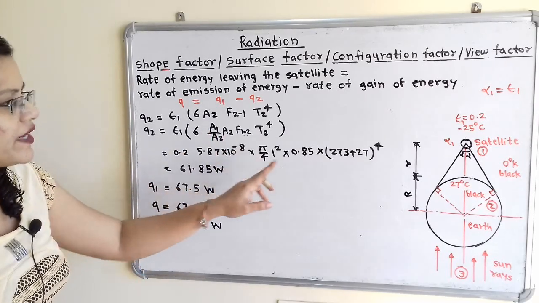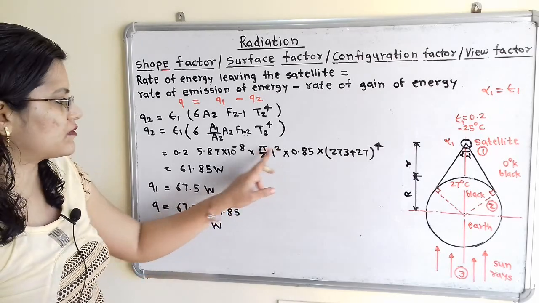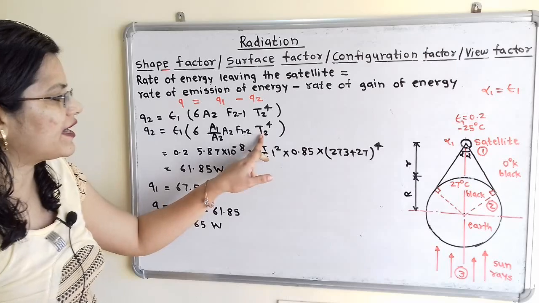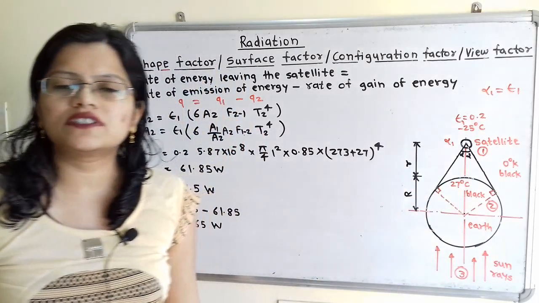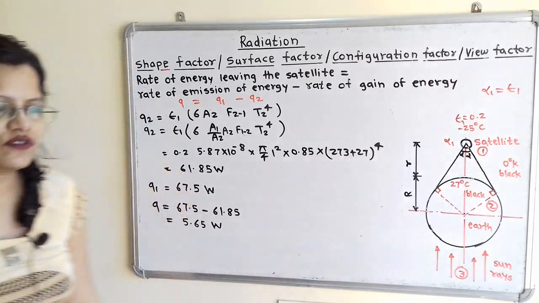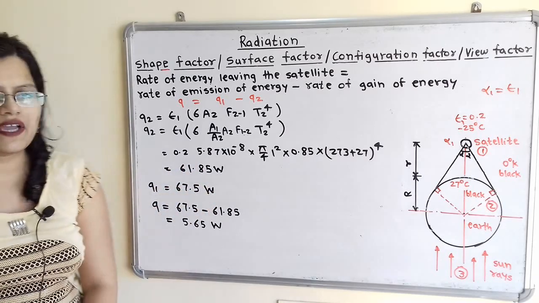Then A1, the area of the satellite, is pi by 4 into d square, that is 1 square. F of 1 to 2, that we have calculated as 0.85, and T2, the temperature of the earth, we have to consider in Kelvin, that is (273 plus 27) bracket raised to 4. So when we calculate this, we will get 61.85 watt.